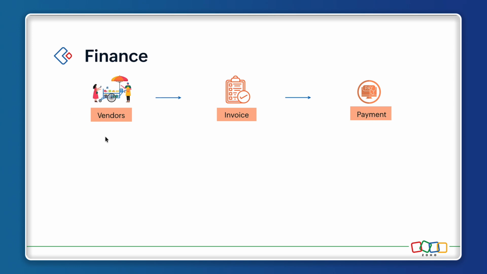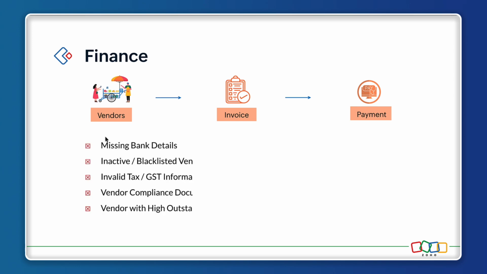So where can exceptions happen in these modules? When I take the vendor module, the exception can be missing bank details, or the vendor is inactive or blacklisted, or the tax or GST information provided by the vendor is invalid, or compliance documents are missing, or the vendor has a high outstanding balance.